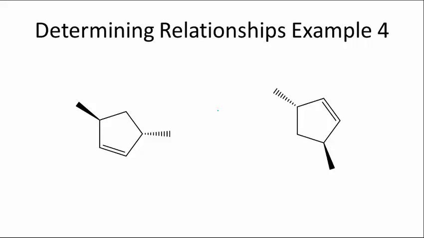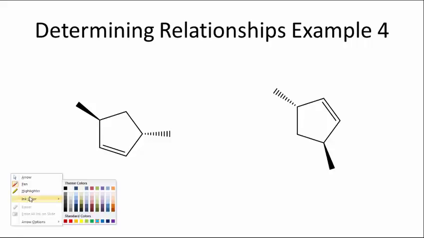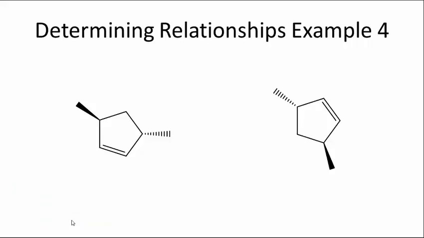Example 4, I take these two. Now, first of all, they're given from a different point of view, which makes life a little more complicated. So, let me number. Where do you want to start numbering?